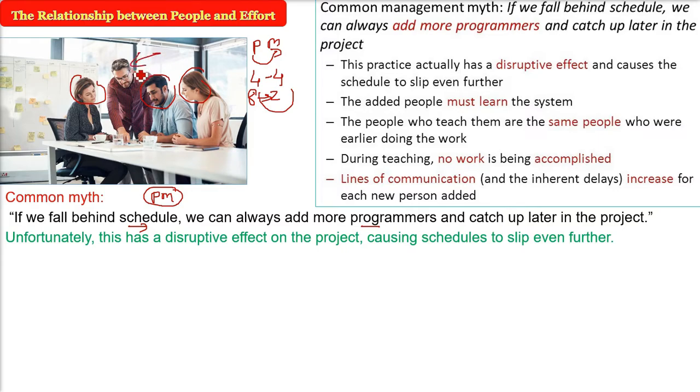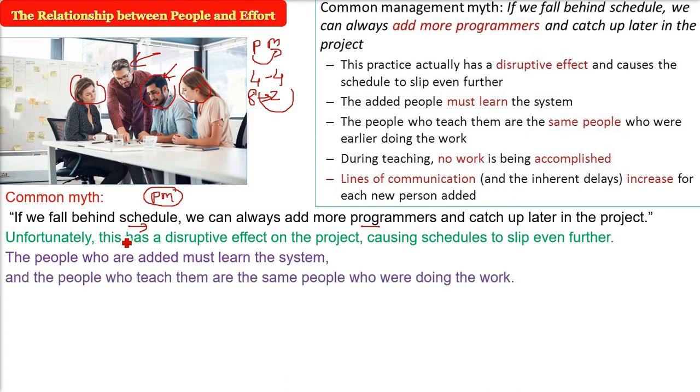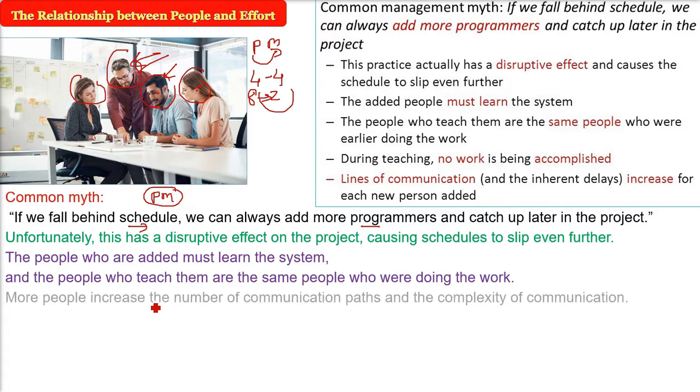For example, these are new people. A person is guiding them, teaching them. So the new people have to learn. That will take time. The person who is actually working on the project right now will be a tutor, so he will not be working on the project. He is actually tutoring. So with teaching and tutoring, the project will suffer.